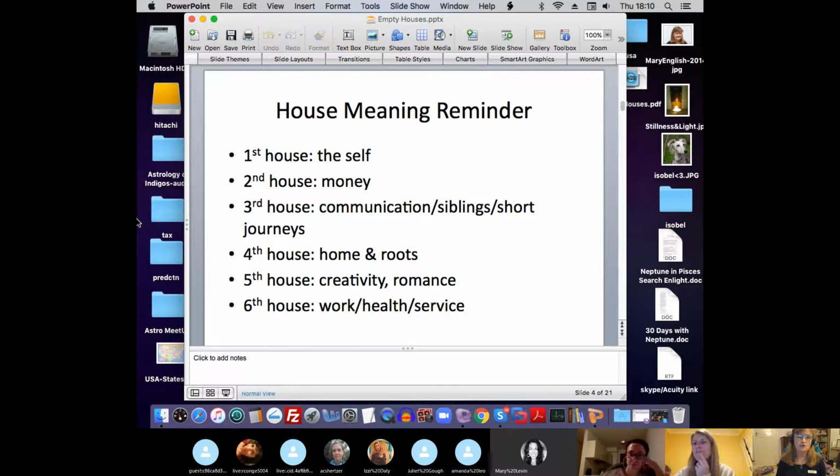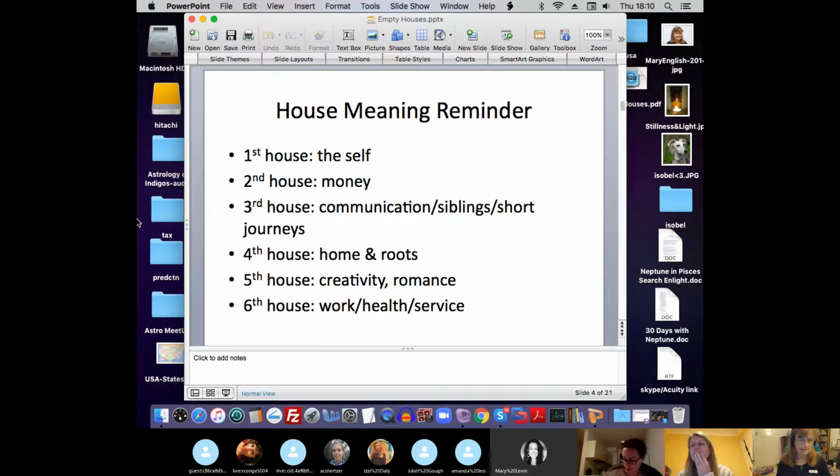Now, if you've made your chart on astro.com, in the center of it, the numbers will be written counterclockwise from the 8:45 position, and the numbers will go 1, 2, 3, 4, 5, 6, 7, 8, 9, 10, 11, 12. I'm just condensing the meanings of the houses so that you've got a reference point to be able to check in your own chart where you've got your empty houses.